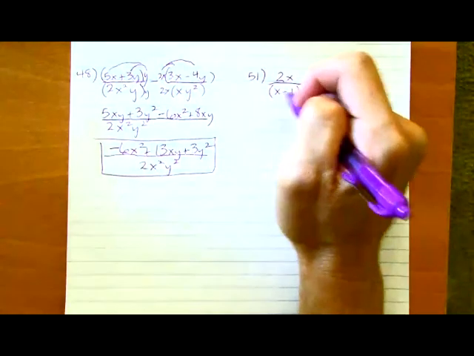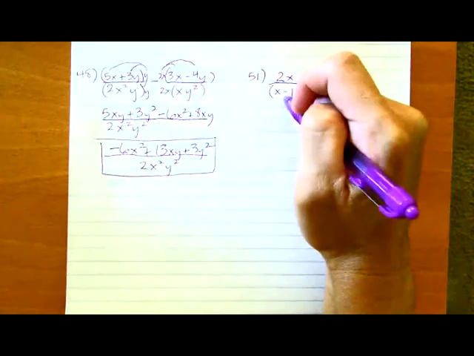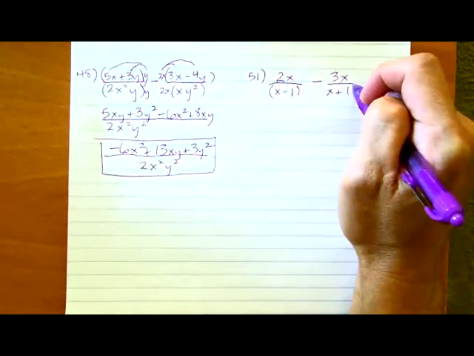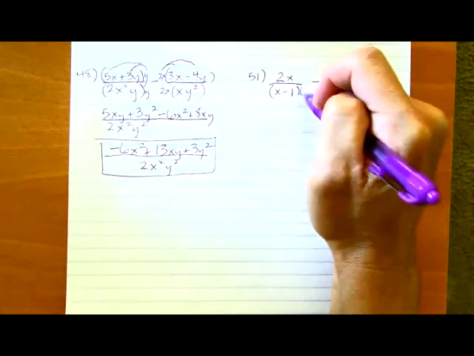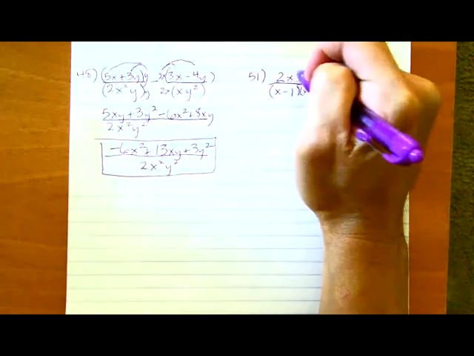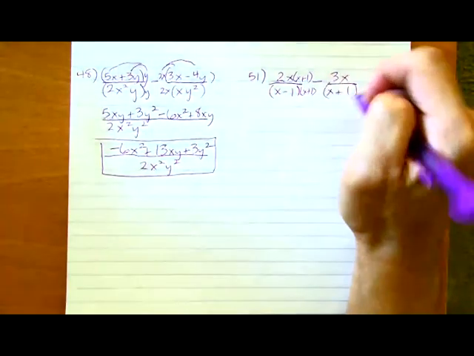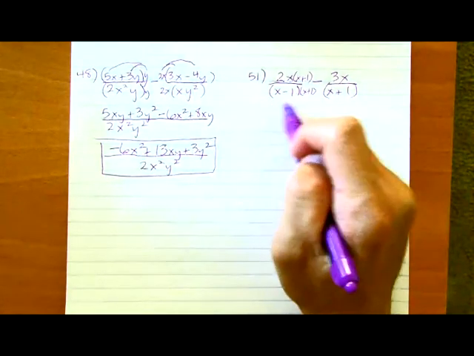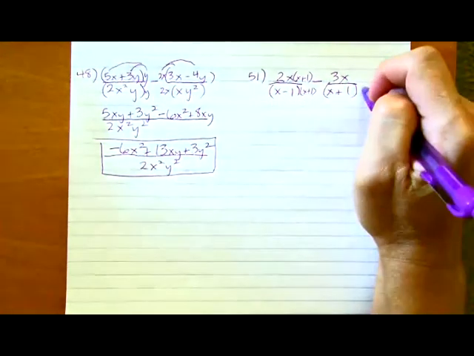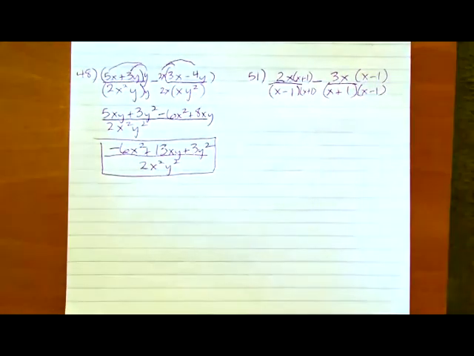It's going to change it to x. This denominator is missing something that's in this denominator, x plus 1. So we're going to multiply numerator and denominator by x plus 1. This denominator is missing a factor that this one has, the x minus 1. So I'm going to multiply top and bottom by x minus 1.